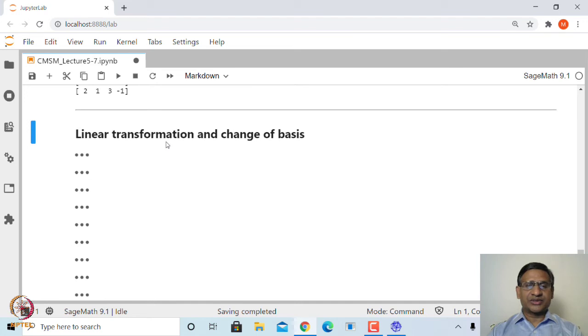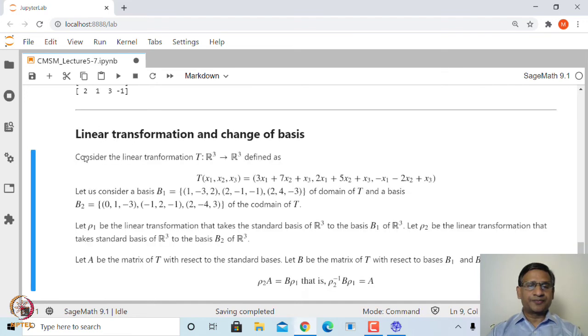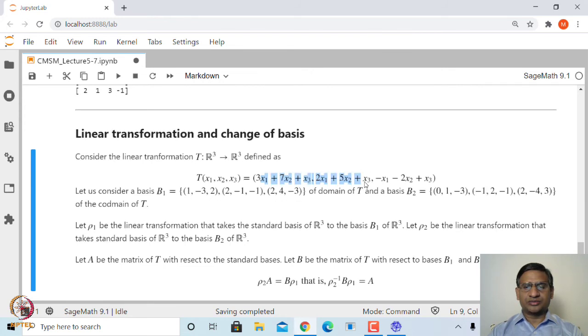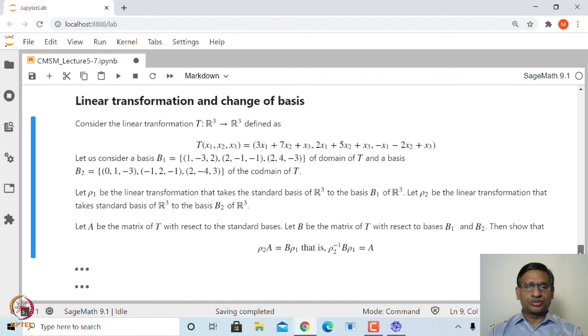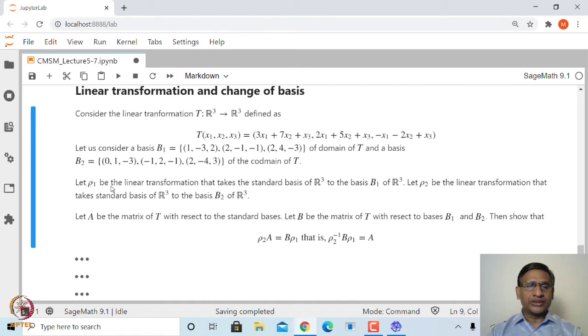So let us start with a problem. We have a linear transformation T from R3 to R3 given by these components, and let us fix a basis B1 of the domain of T and B2 of the codomain of T. And let us assume that rho 1 is the linear transformation that takes the standard basis to B1, and rho 2 is the linear transformation that takes the standard basis to B2.